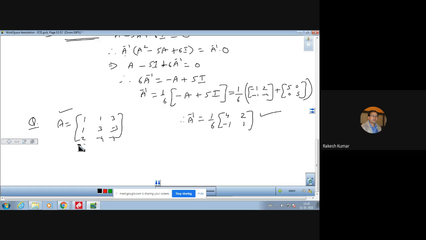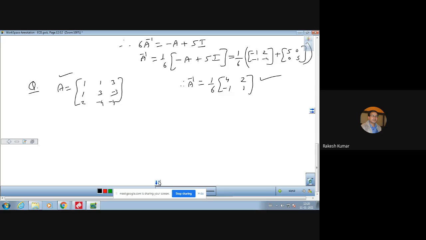The square matrix A is given. Now the question is to verify the Cayley-Hamilton theorem for this matrix A, and hence find A inverse. Hence find A inverse means by using the Cayley-Hamilton theorem, you need to find A inverse.